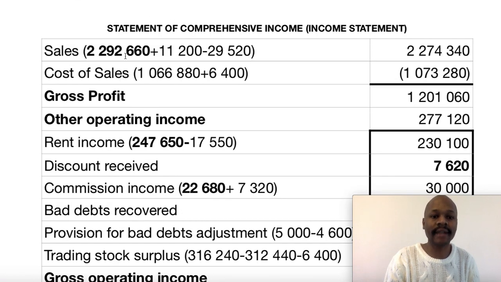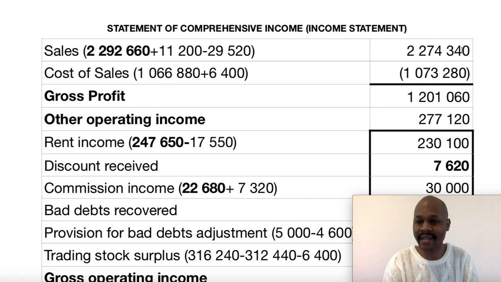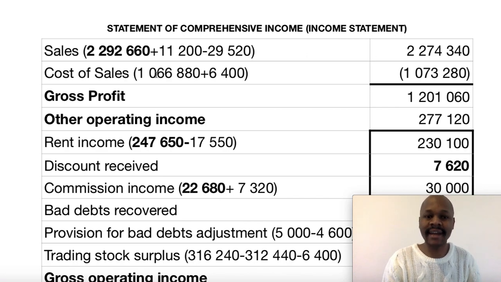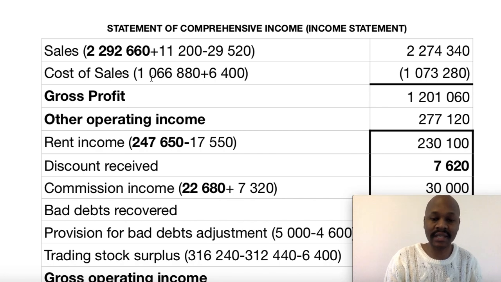So you'll say 2,292,660, add this 11,200, the sales amount which was not recorded, and subtract the debtors allowance. It gives you 2,274,340. Then followed by that is cost of sales.